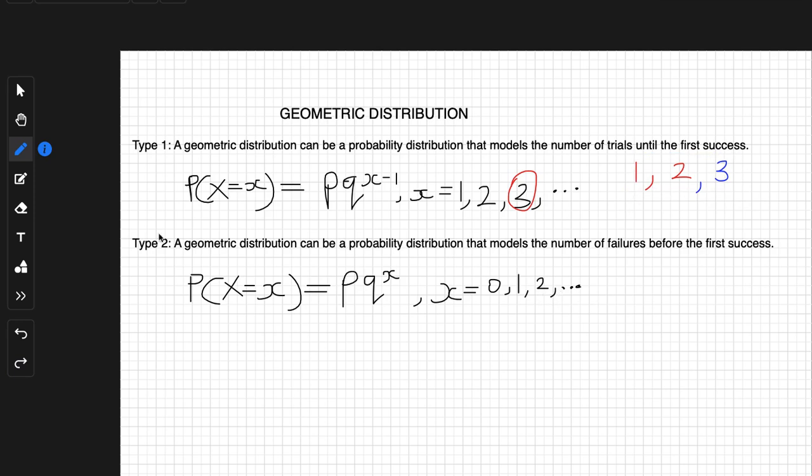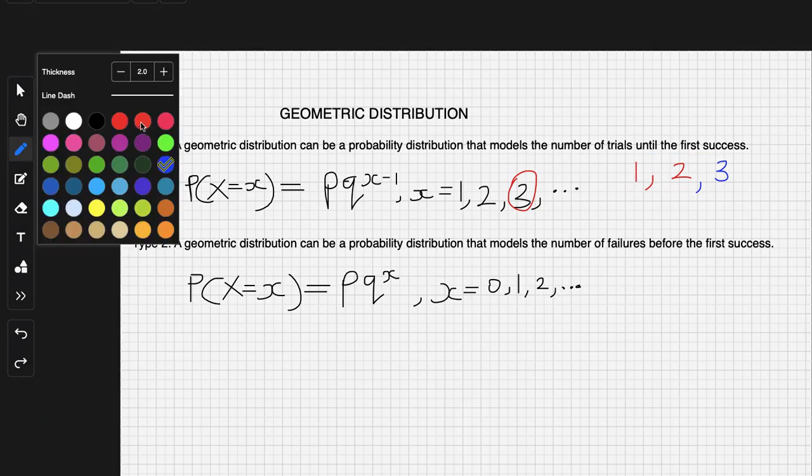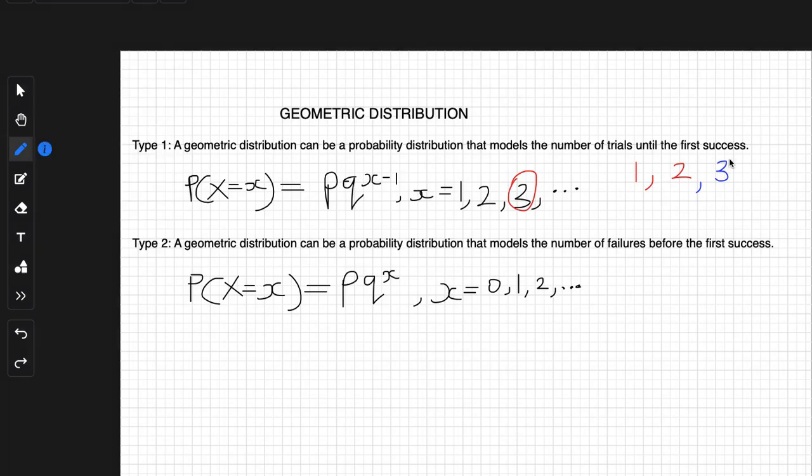But in this case, we are only going to count the number of failures. Let's say 3 trials until we had a success. So we count the number of failures, the 1, 2, those attempts, and then we'll come back to the time when we made success. So we'll say, all right, we had the first success on the 3rd attempt.